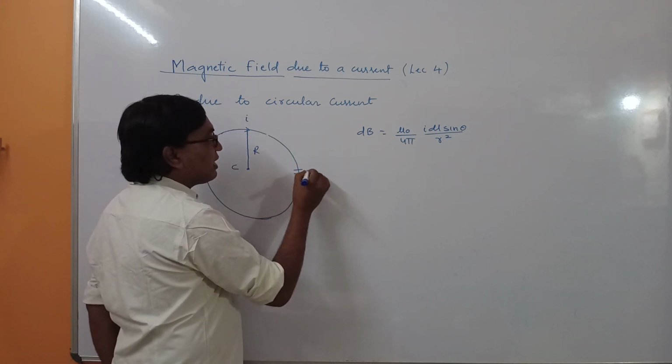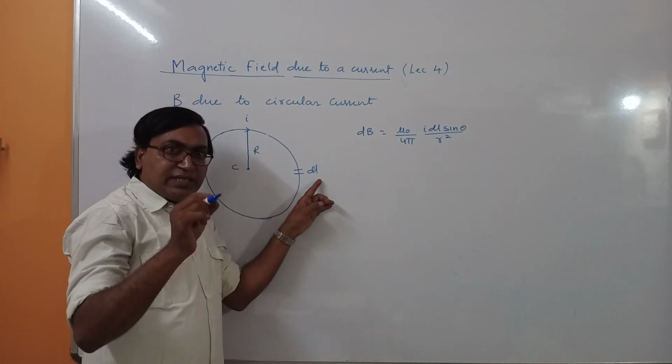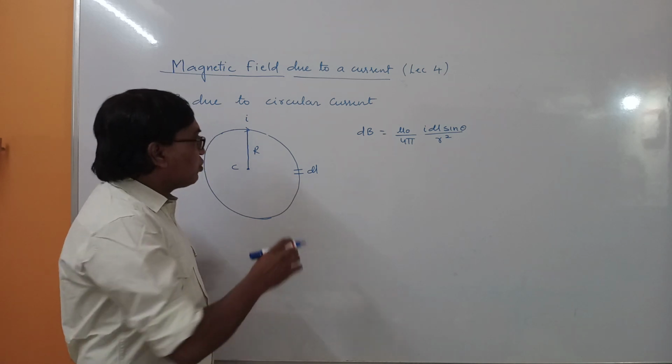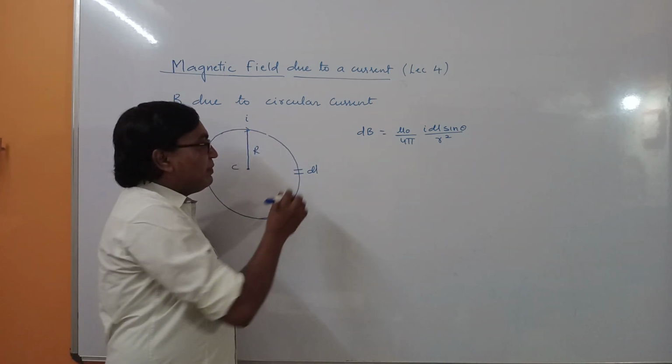So this is a small current element dl, and the direction of this current element is along the direction of current. So in this loop, current at any point will be tangential.